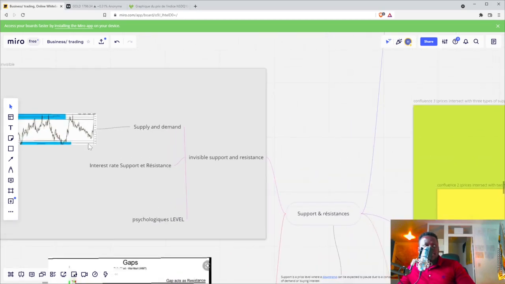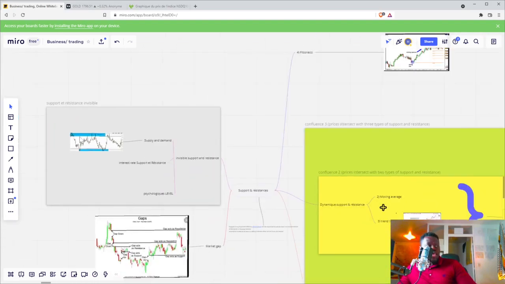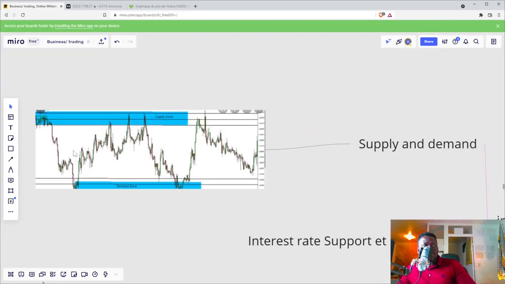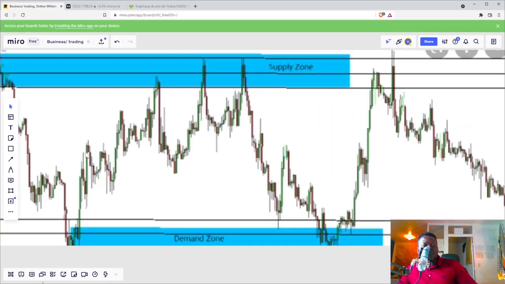The next type is invisible support and resistance. Let me introduce you to the supply and demand zone. You need to understand what a supply and demand zone is. Supply and demand zones are some kind of support and resistance. When the price goes close to this area, you see the movement become quicker.